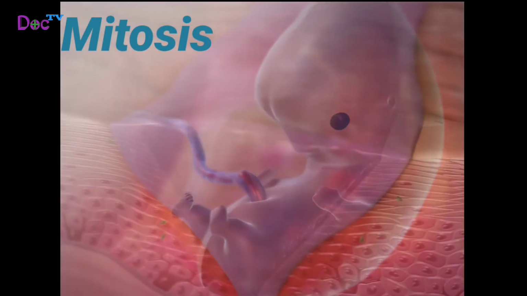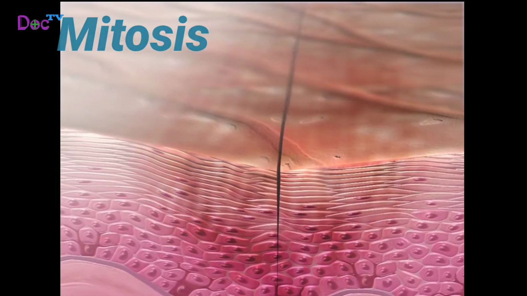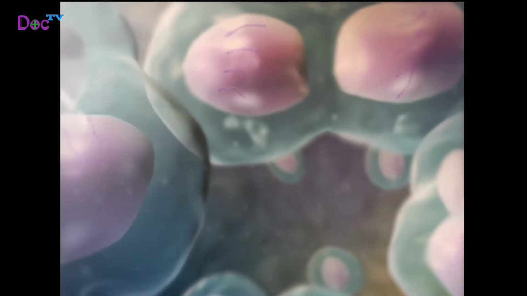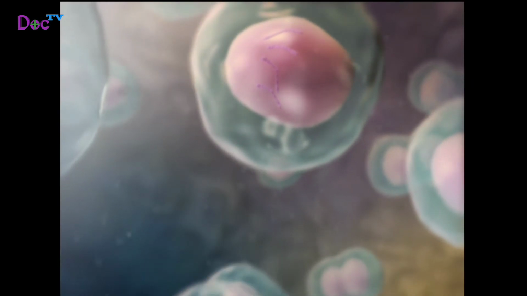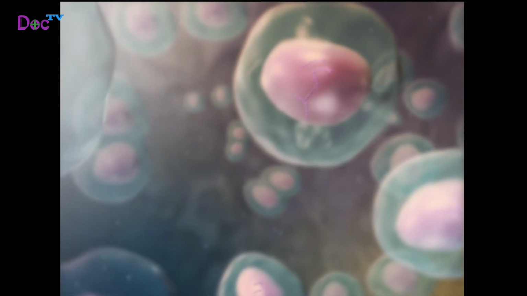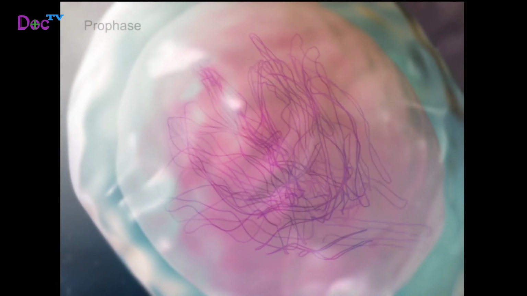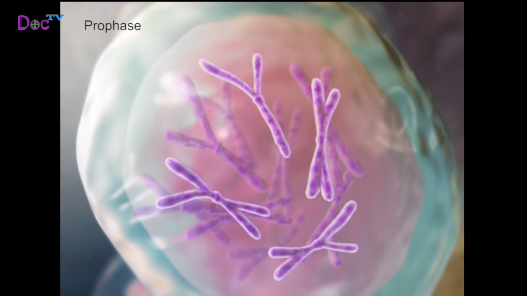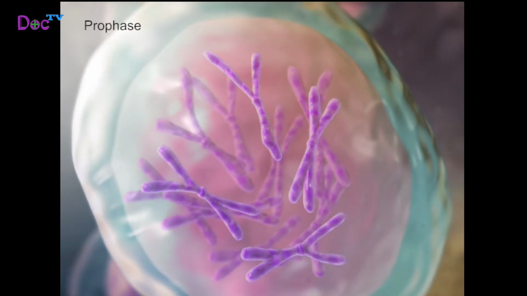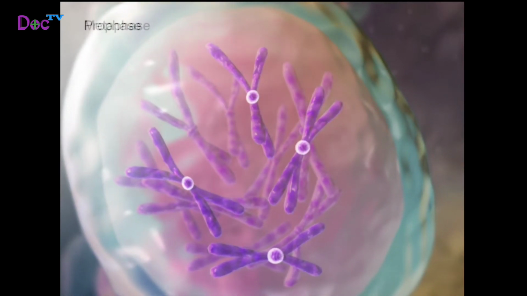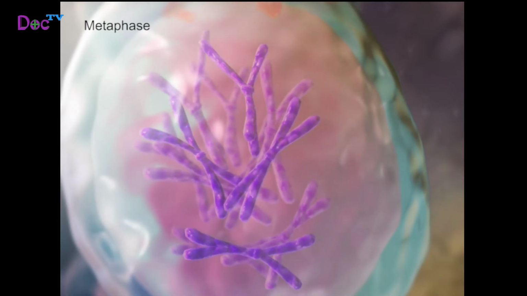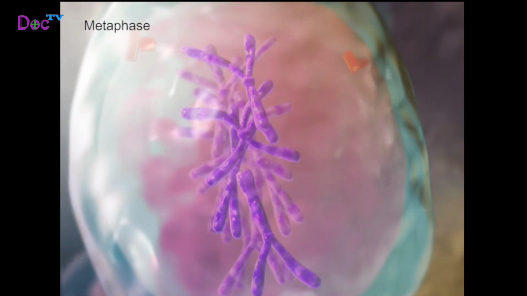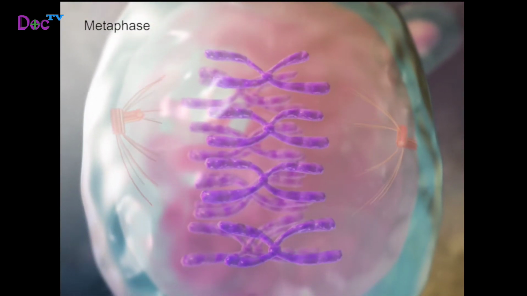Mitosis. The human body develops, replaces old cells with new cells, and repairs itself with the help of cells that constantly multiply by dividing. The process begins in the cell nucleus. Identical copies of the DNA molecule organize into chromatid pairs within the chromosome structure. These pairs are connected to each other at the chromosome's centromere. In the next step, spindle fibers attach to the centromere and the chromatids line up along the cell's midline.